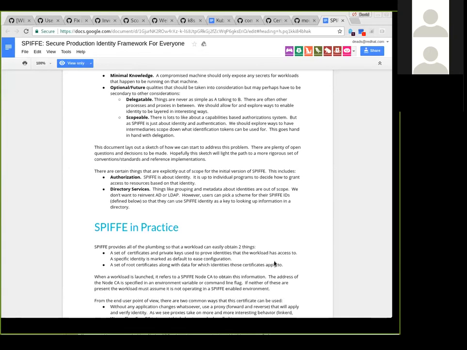The root of the problem is that we don't have a lingua franca around identity, so can we start establishing that? Secret stores aren't going to disappear anytime soon, but we can at least start driving some commonality around how we create and distribute this type of information, and start creating an understanding and a network of identity proof.